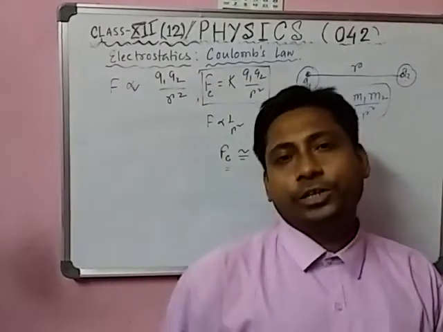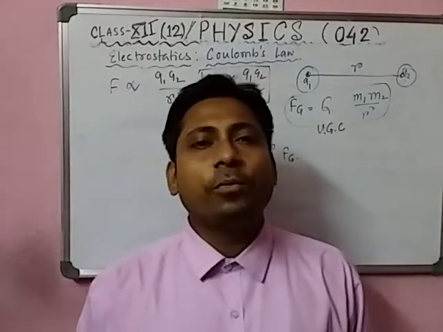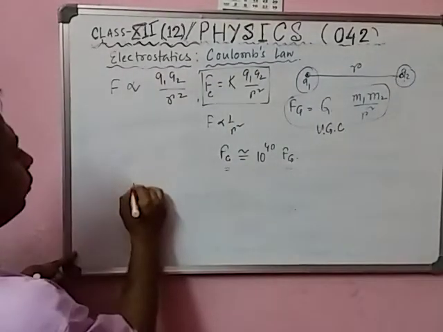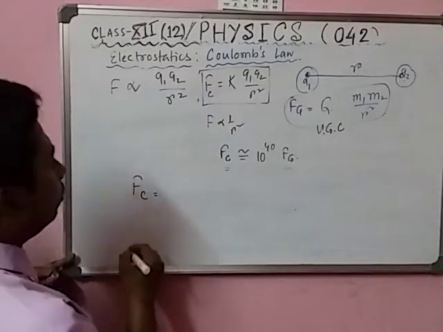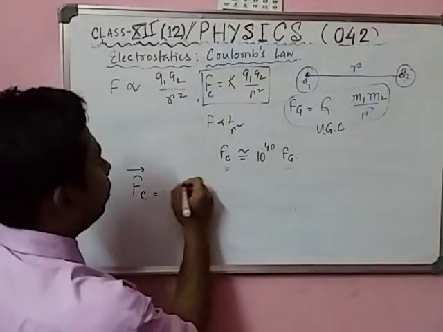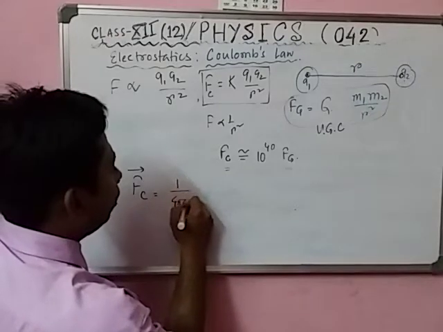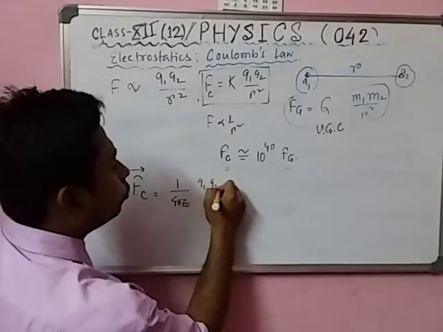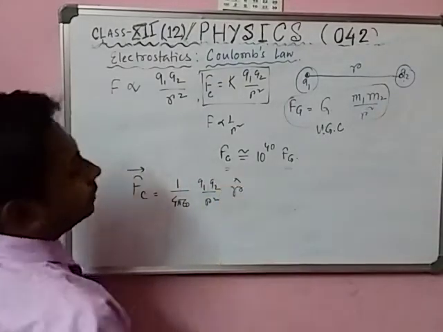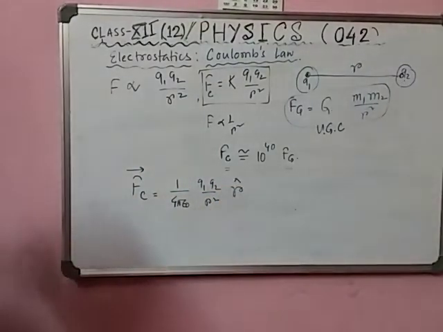Students, in the next video I will discuss the vector form of Coulomb's law. Before that, you can write Coulomb force in vector form by putting an arrow: 1 by 4 pi epsilon naught q1 q2 by r square, and then put a unit vector r hat, which shows the direction of the force.